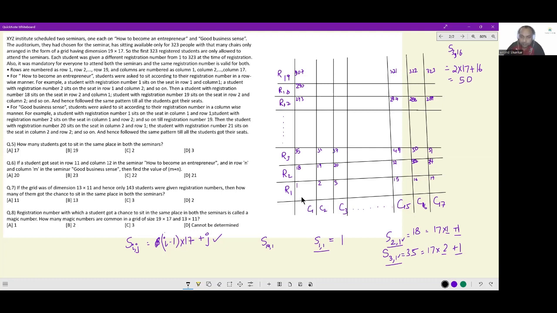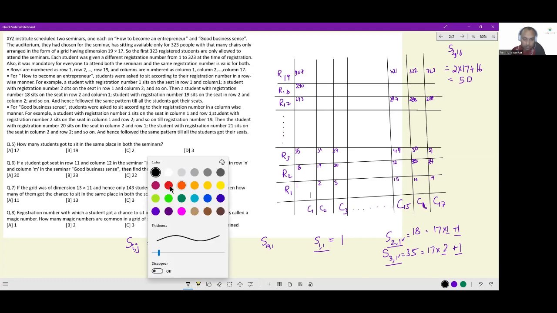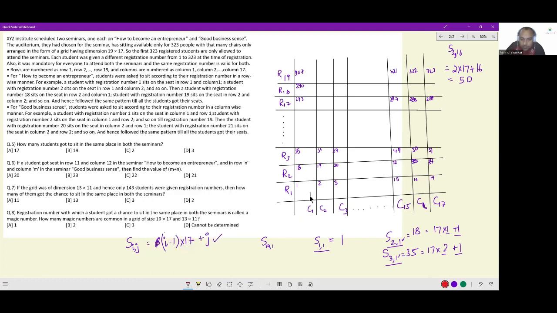So let's say the first person sits here, but I should use a distinctly different color. Let me use this color. First person sits here, second person sits here, third person sits here, 17th person sits here, 18th person sits here, 19th person sits here. Then the student with registration number 20 sits in column 2 and row 1.